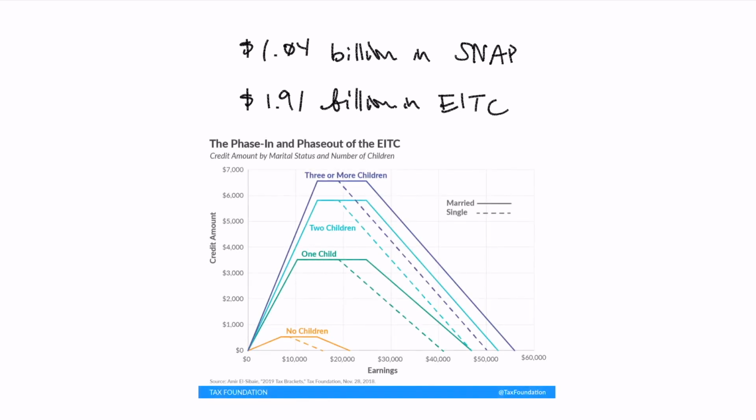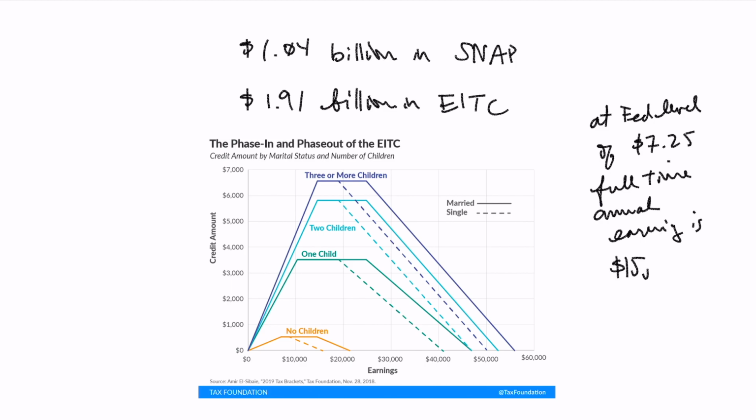That's over $1 billion in SNAP, but there's also almost $2 billion in Earned Income Tax Credits, EITC. At the federal minimum wage of $7.25 per hour, that's $15,080 annually, at which point all categories are earning maximum levels of tax credits.